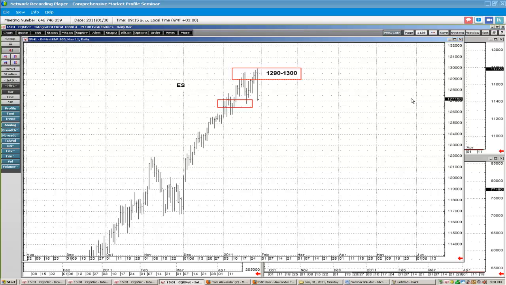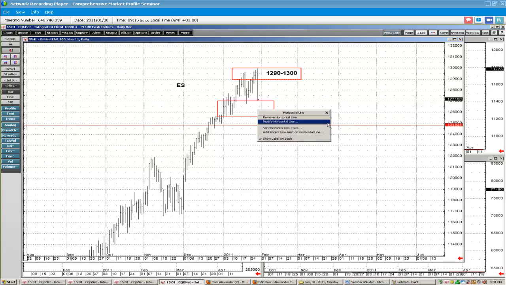What is interesting now is that you're really trading down into a sort of broad key reference area from 1270 down to 1256. And why is this area important?